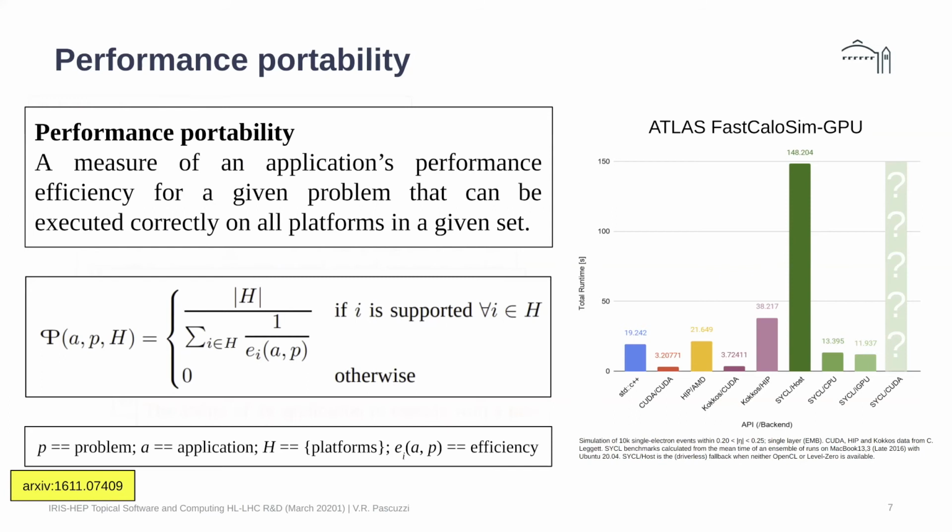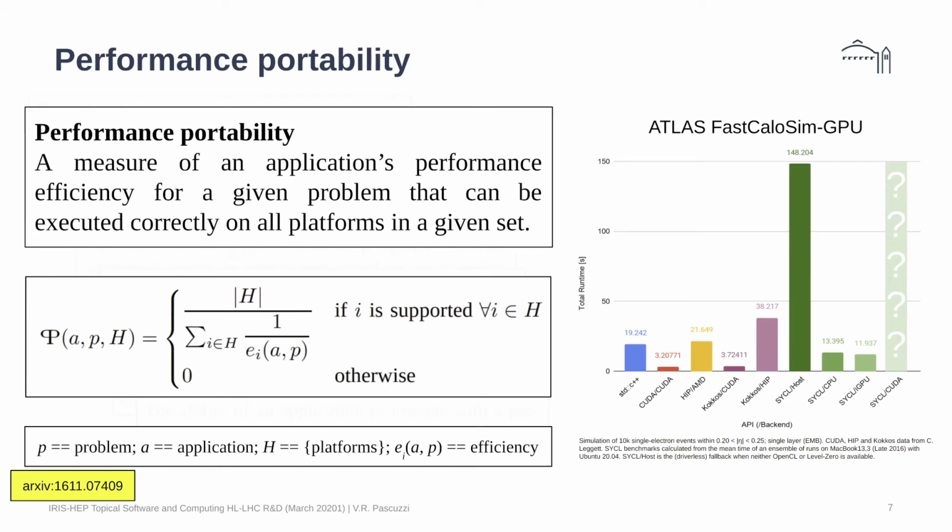So how efficiently does your software run on a range of different architectures, and so forth. You can think of this as a way to visualize or formally describe a roofline model, where you would have a non-zero value if your software runs on every platform in your set H, or zero otherwise.